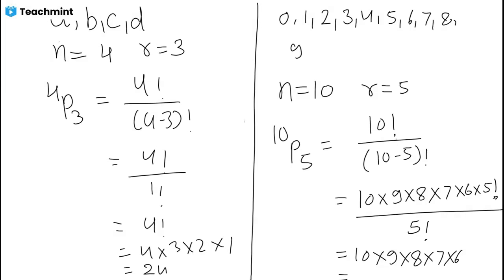Now we are going to learn when we have repeated things or repeated objects. We have a few more formulas of permutation for different conditions.